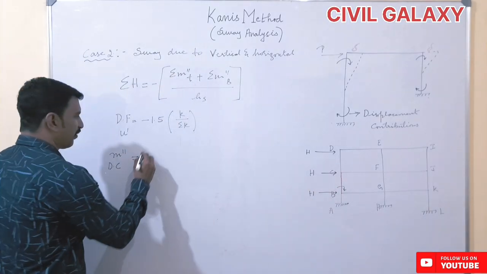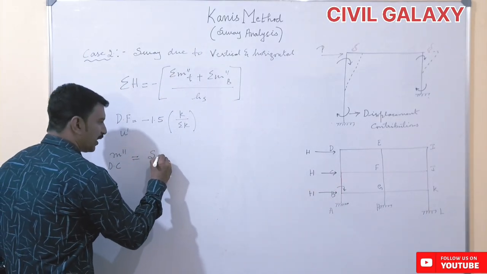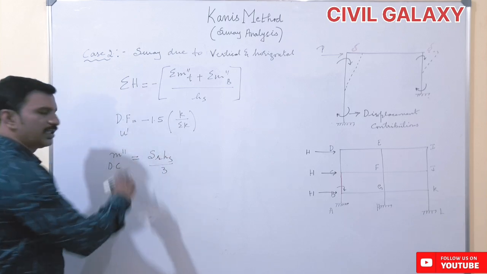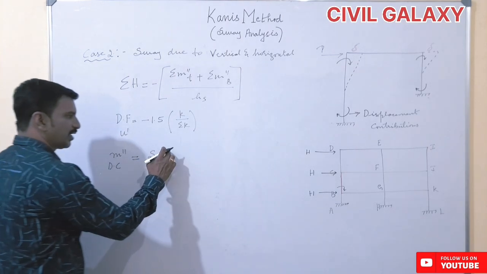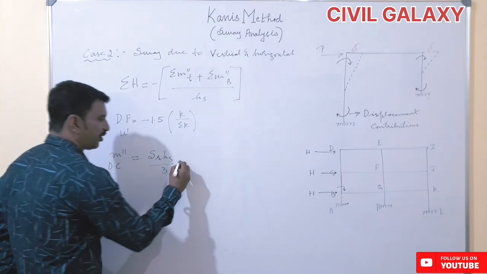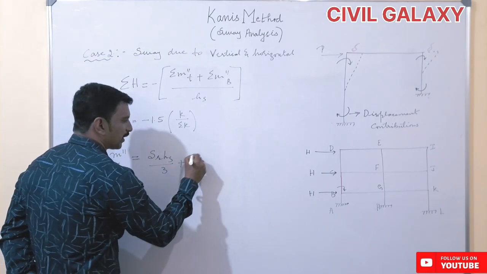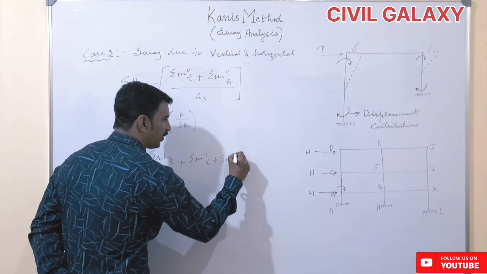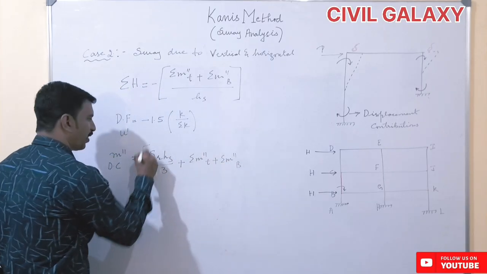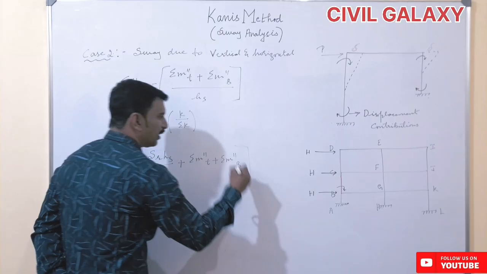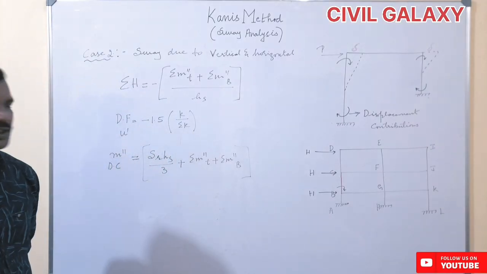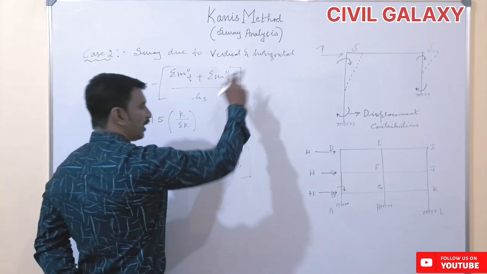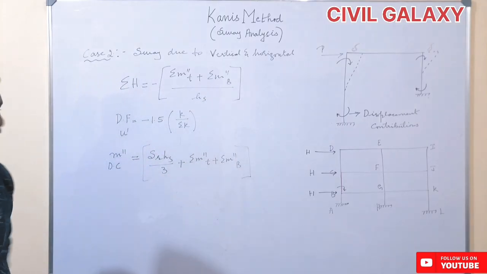So the formula will be SR HS upon 3, where SR is the story shear and HS is the height of the story, divided by 3, plus summation of M double dash T plus sigma M double dash B. This is the formula we need to use to find out the displacement contributions whenever the frame is subjected to a lateral sway due to vertical and horizontal loading.